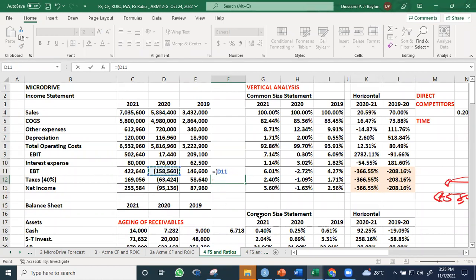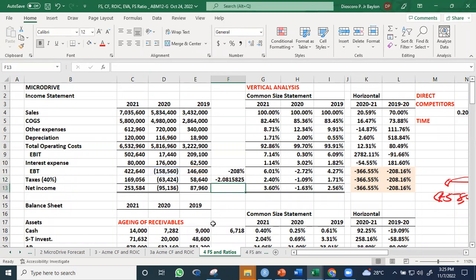Current minus previous, okay, divided by the previous. Current minus the previous divided by the previous. Okay, you get 208. Pero actually, hindi 208% yung decrease.